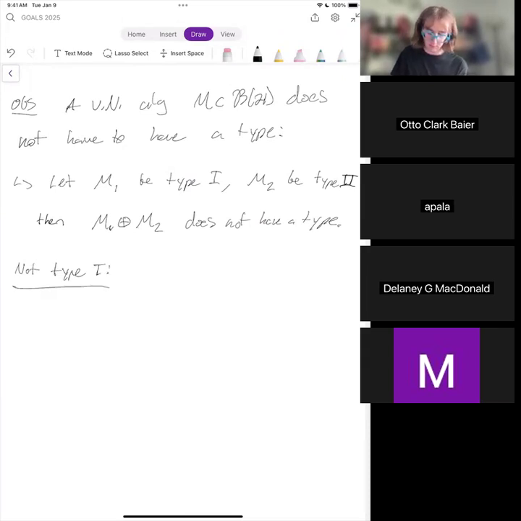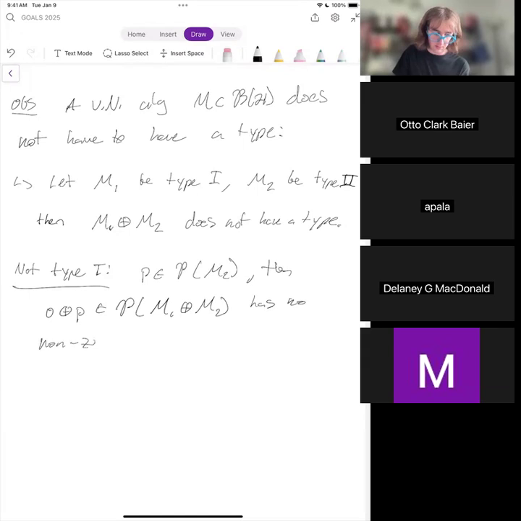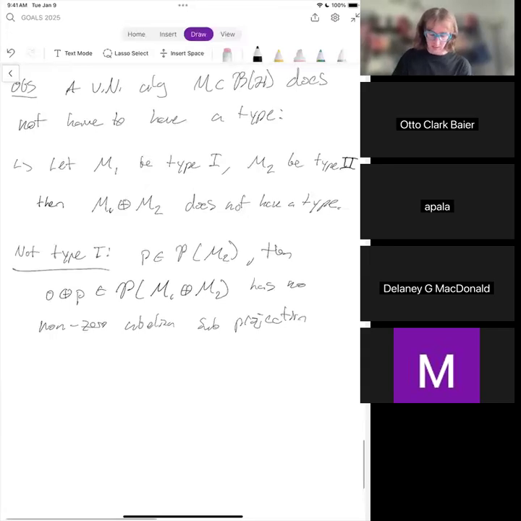If we look at a projection P for M2, then 0 direct sum P is a projection for the direct sum of these two, and it has no non-zero abelian subprojections, because this P is coming from M2, and that's part of the definition of being type 2.